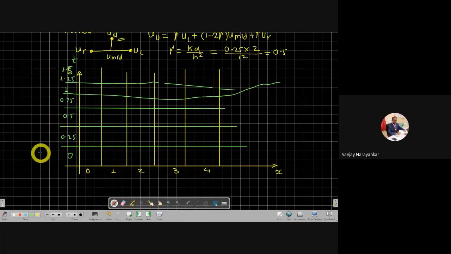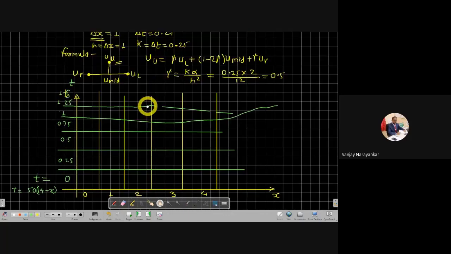When t is equal to 0, the entire values are given by the provided equation, that is 5 into 4 minus x. And the second condition, what is that condition?